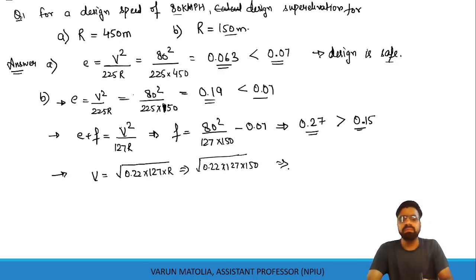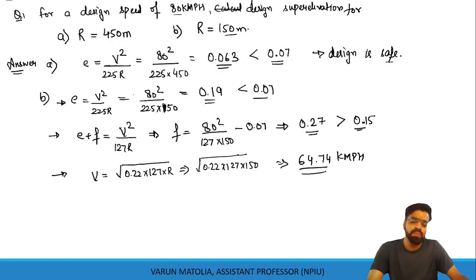So we can write, the value comes out to be 64.74 kilometers per hour.